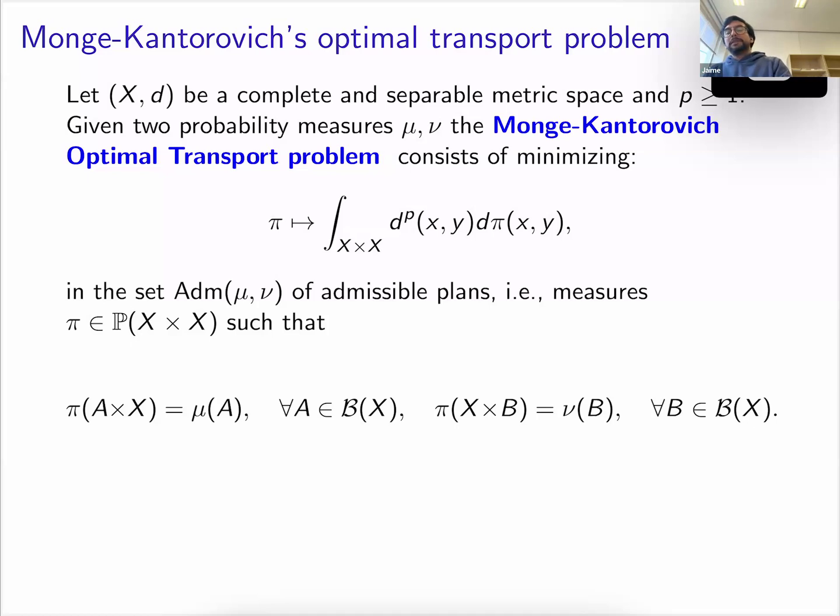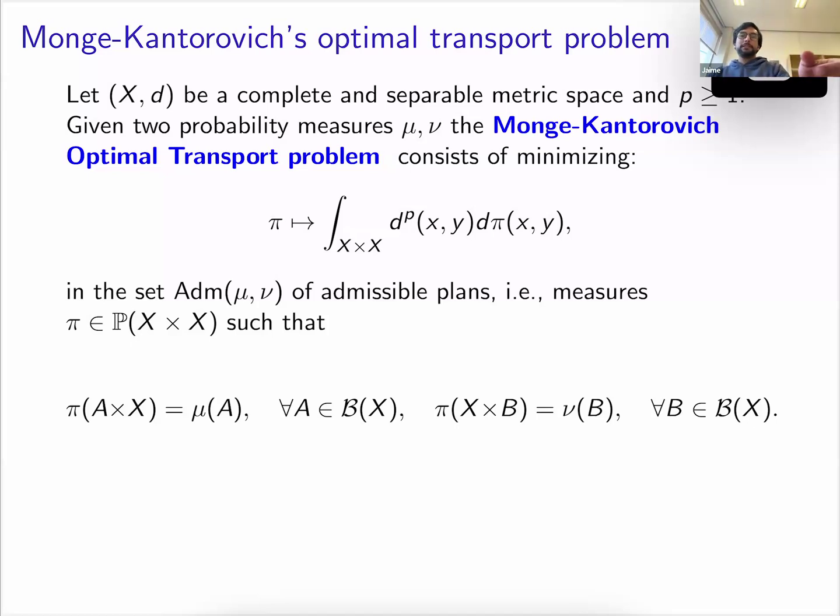The pi will be a measure which is going to be called an admissible plan. That is, it will be a measure pi in the product space such that if we take the first marginal, we recover the measure mu, and if we take the second marginal, we recover the measure nu.